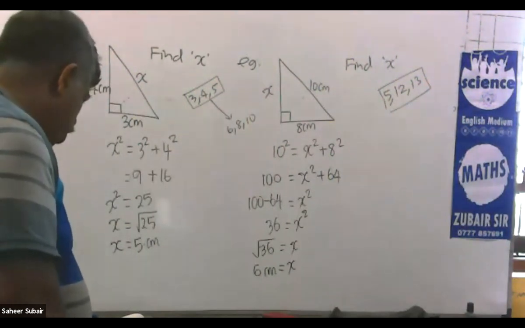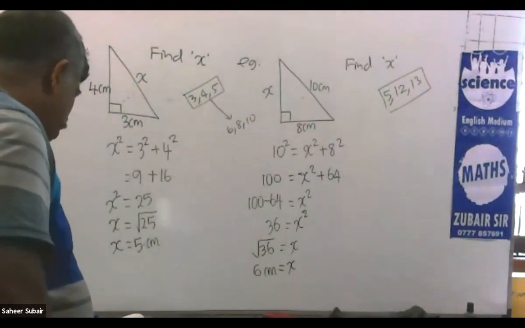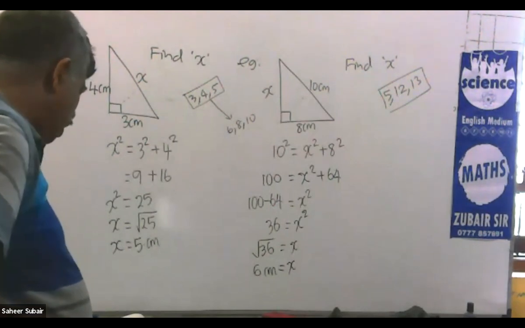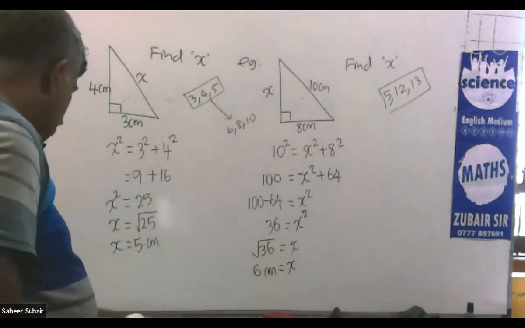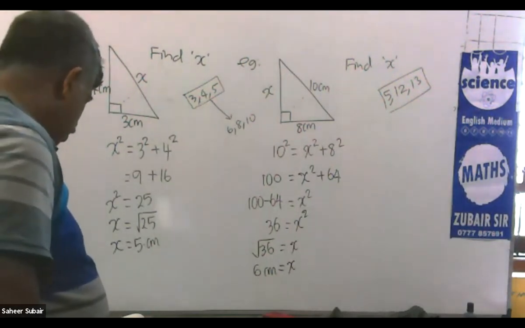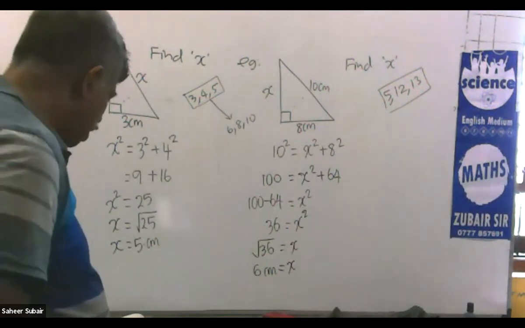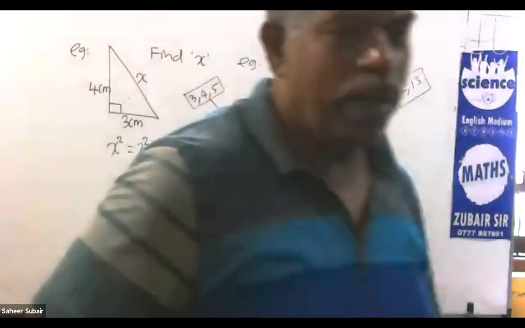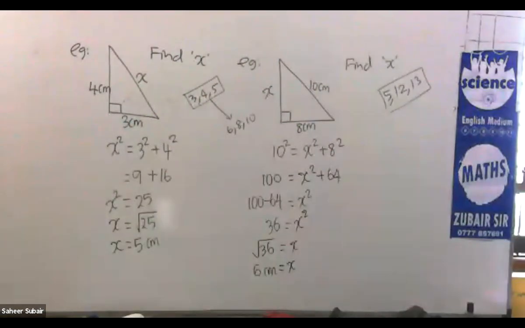Then do question number 2. Find the values of x in each of the diagrams of the right angle triangle. So 4 right angle triangles are given. Find the value of x. So do it quickly.